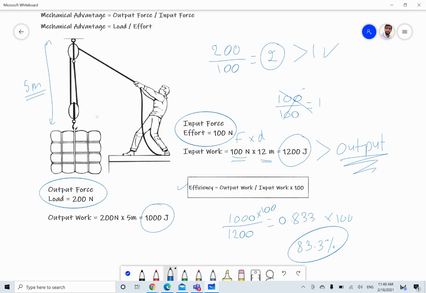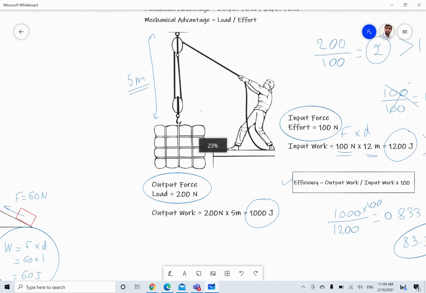Let me tell you that there is no machine that is 100% efficient because of friction. Friction causes some energy to be transformed into thermal energy. And this thermal energy is wasted because it cannot be used to do work. So what friction does is that it increases the effort. Let me explain it from this photo.